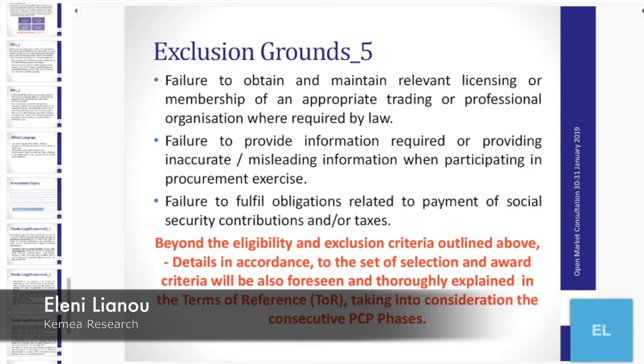As I mentioned before, beyond the eligibility and exclusion criteria outlined above, details of the selection and award criteria will also be foreseen and will be described in detail in our call for tenders, in our terms of reference, taking, of course, into consideration the three PCP phases.